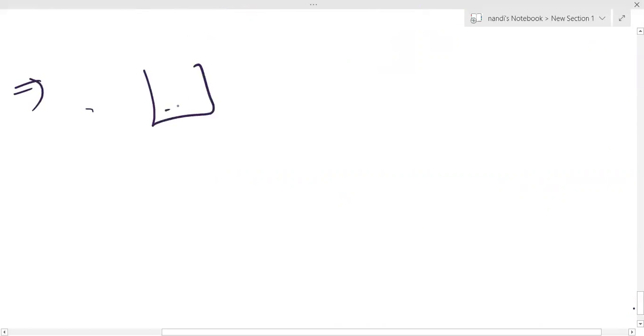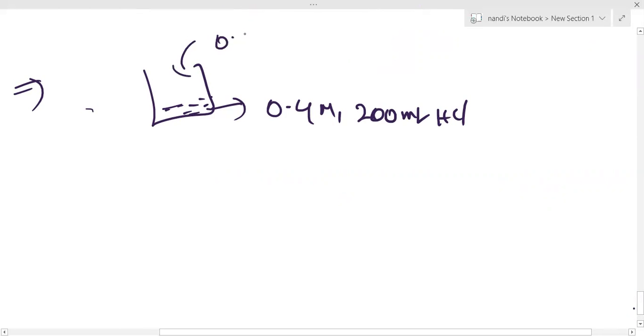Suppose here you can try this question. 0.4 M, 200 mL HCl. Now we are adding here 0.2 M, 500 mL NaOH.